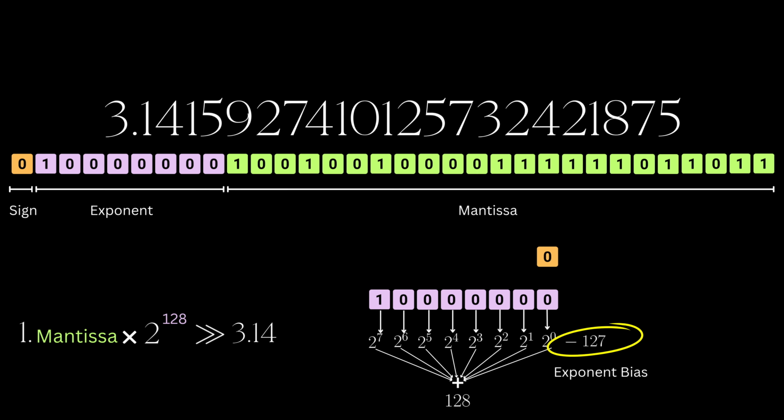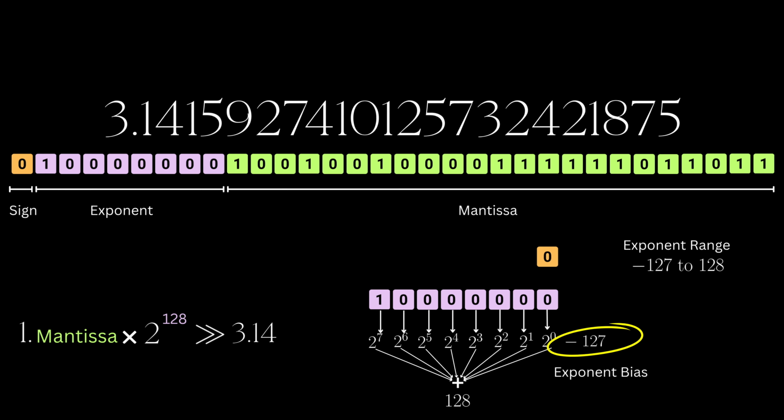So if you had to represent a number which has true exponent as say minus 126, in memory its exponent will be represented as minus 126 plus 127, which is 1. So rather than just representing 0 to 255 positive exponent values, we can represent exponent values ranging from minus 127 to 128.